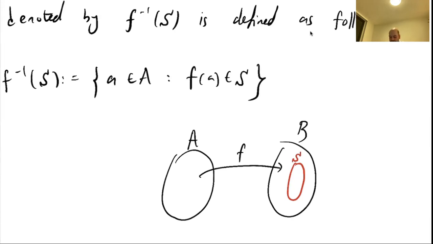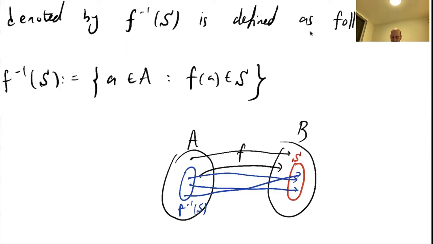It's going to be all elements inside A which are going to be mapped inside S. So let's say, for example, these elements are going to be mapped to S. So for example, this is going to be mapped here, this is going to be mapped here, this is going to be mapped here. So then this is going to be f inverse of S. And let's assume, anything outside of this is going to be mapped outside of S.